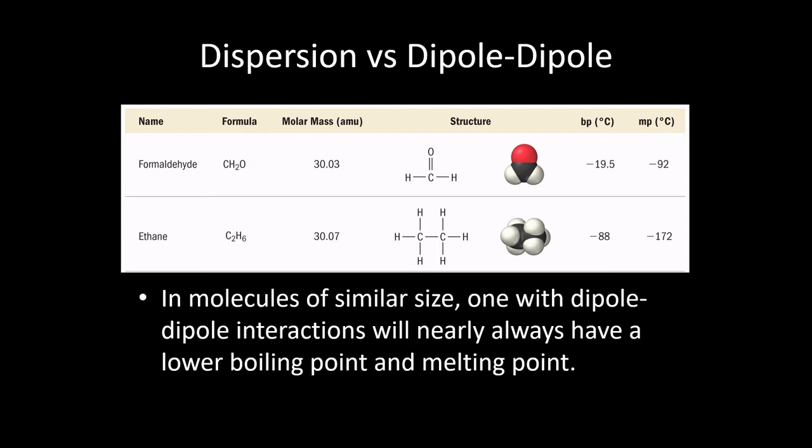So these two molecules have almost exactly the same mass. And they have very similar shapes as well, which is to say they're very simple. They're essentially just balls. And so the dispersion forces for these two are going to be almost identical because they have the same number of electrons practically.